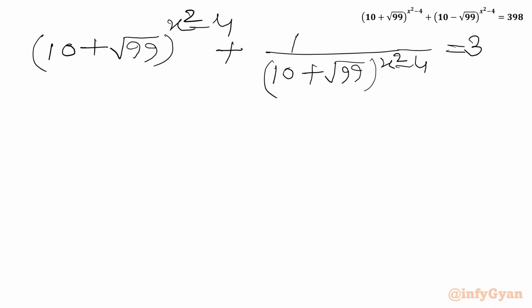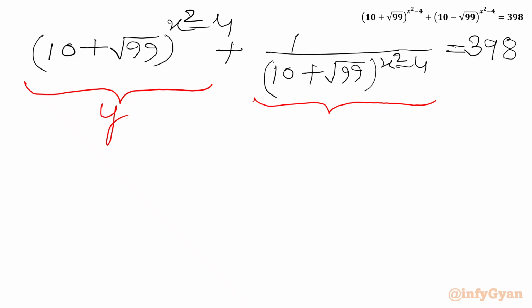RHS is 398. Now I will use substitution. Let's say the first exponent, 10 plus root 99 with power x square minus 4, is equal to y. So 1 over 10 plus root 99 power x square minus 4, we will write this as 1 over y, where y cannot be 0.